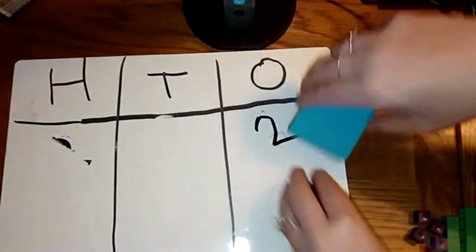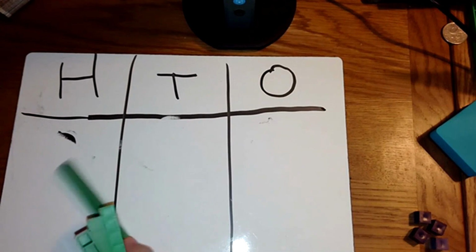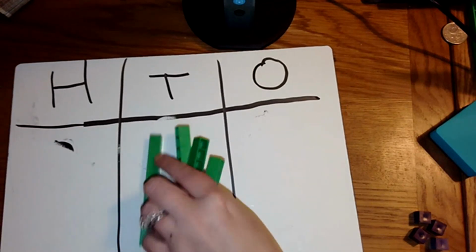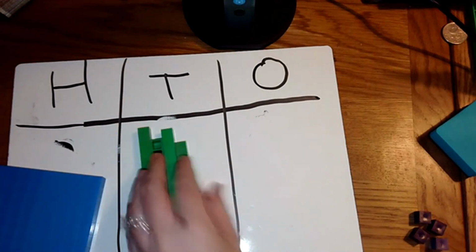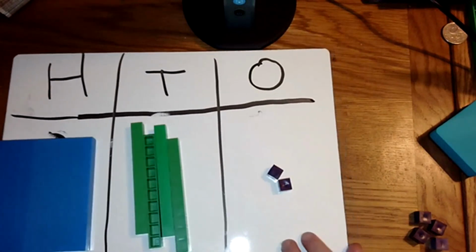Let's do one the other way. I'm going to draw some Deans in my place value chart, and I want you to identify the number. Okay, you might want to press pause, or you might just be able to say it very quickly.